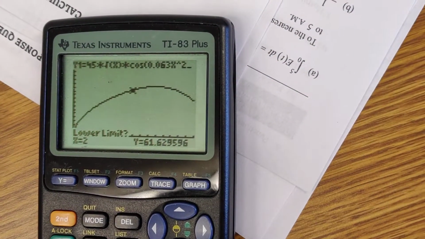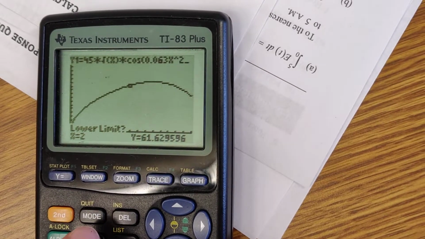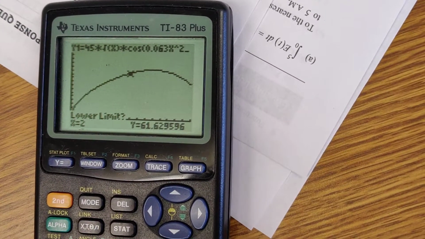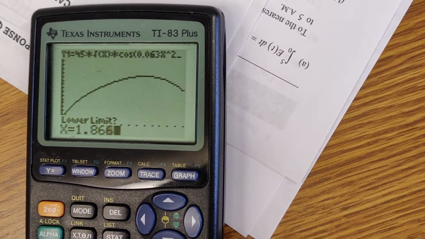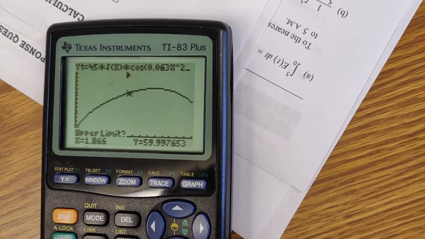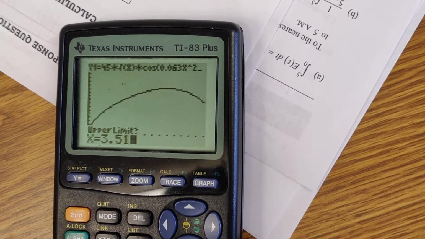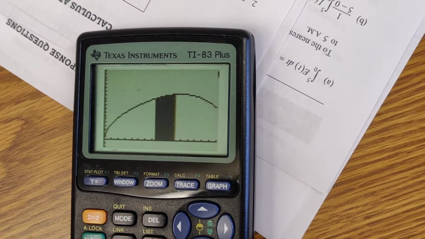You can see the curve is above the axis, so the values of V are positive. And so we go from 1.866 to 3.519. We let the calculator do its work.